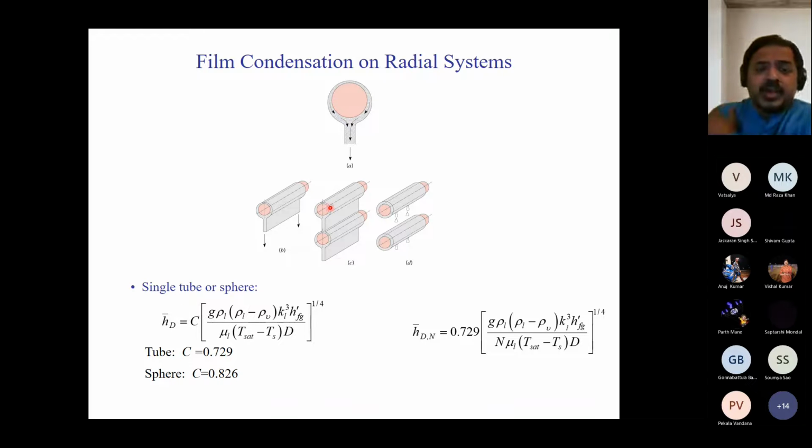Think about it, you have a bank of tubes like this: 1, 2, maybe 3, 4, N. If it's film condensation, this is how it will happen. The film collected on the topmost tube is going to fall on the next one, and there will be additional condensation on the second tube as well. The film that comes down from the second tube will contain the condensate from both the first tube and the second tube, and so on.